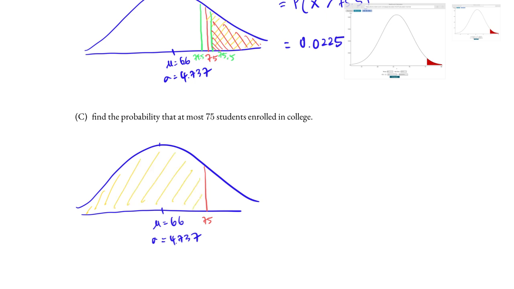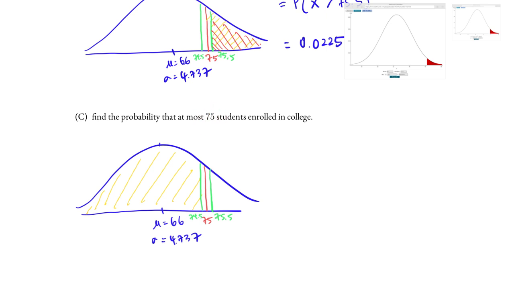Next, we need to determine the continuity correction by subtracting 0.5 and adding 0.5 to the value that we are interested in. 75.5 on the right and 74.5 on the left. Same question. Do we want to include 75 in this case?